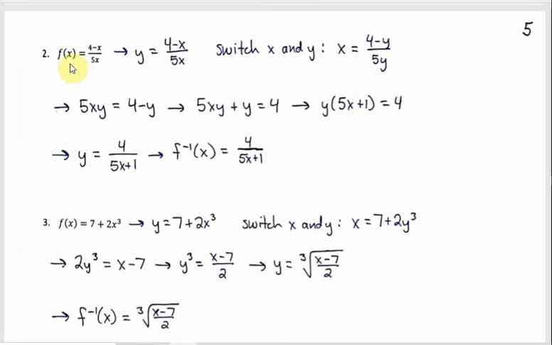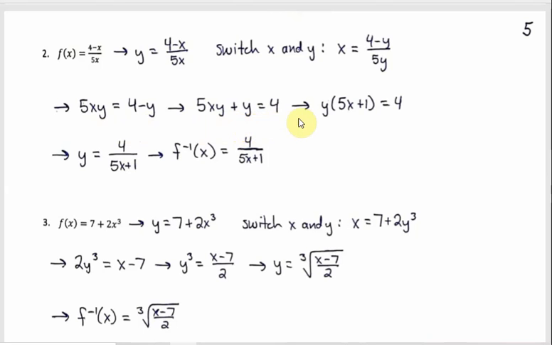Next example. Now f of x is 4 minus x over 5x. We'll replace f of x with y. Then if you switch x and y, you end up with x equals 4 minus y over 5y. And then we have to solve for y. First clear fractions, so multiply both sides by 5y, and you end up here. Then get everything with a y in it on the same side, so I just added y to both sides to end up here.